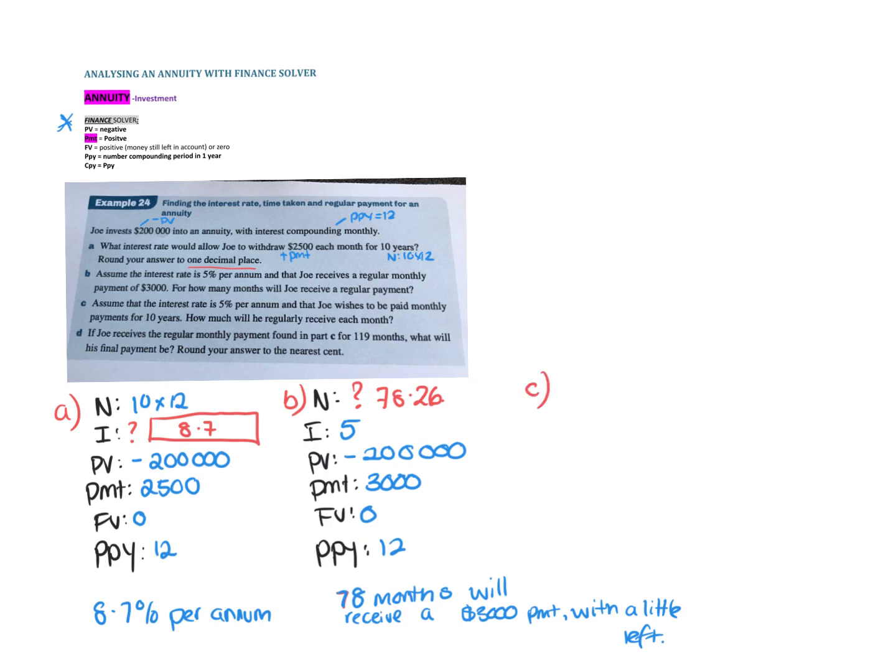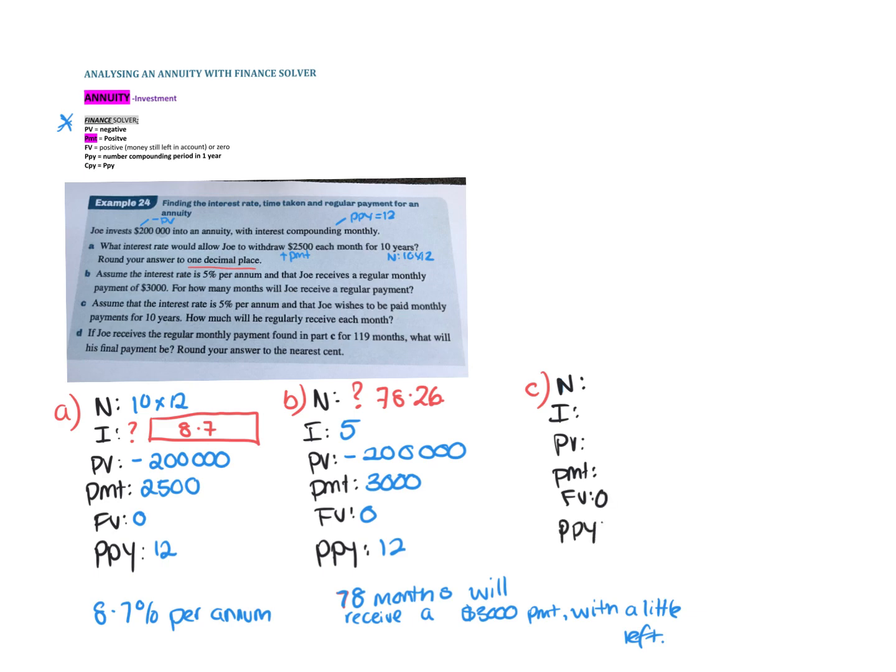Assume the interest rate is still 5% per annum and Joe wishes to be paid monthly for 10 years. How much will be regularly received each month? So we've still got our finance solver, and obviously payment is the question.